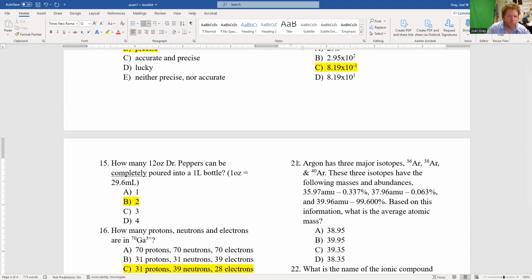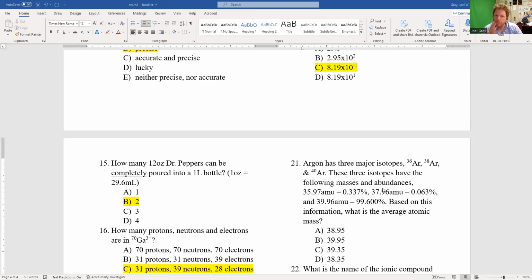Okay, question number 21. Question number 21 reads, argon has 3 major isotopes, 36, 38, and 40. Those 3 isotopes have the following masses and abundances.